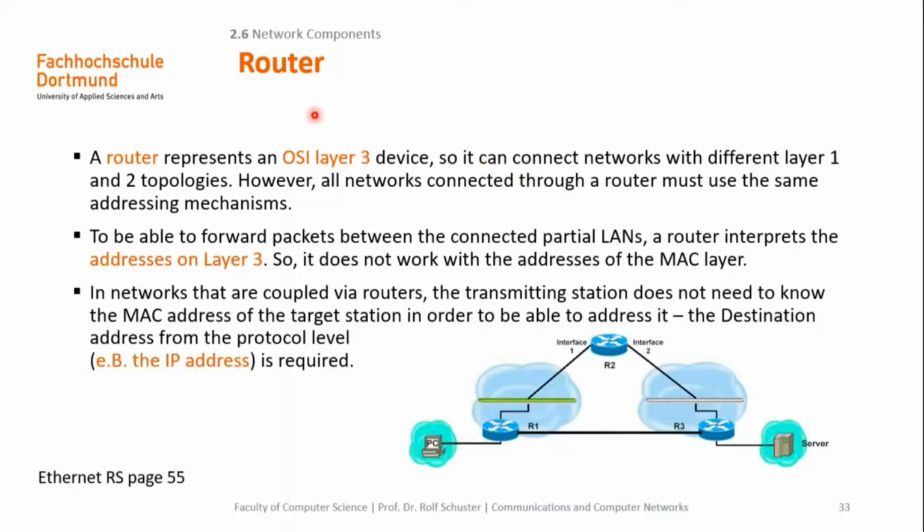A router, in fact, is an Internet port device that operates at layer 3 of the OSI reference model, and the router could interconnect different segments of LAN and WAN technologies.